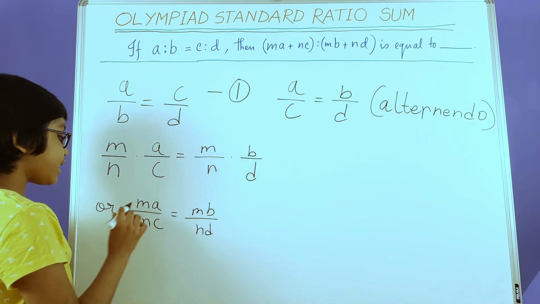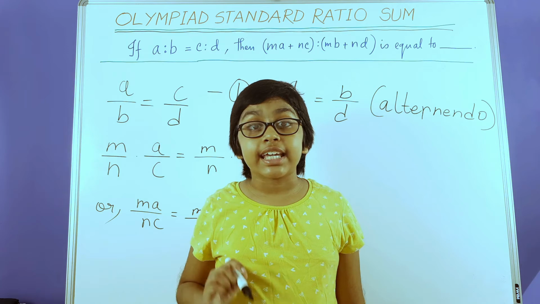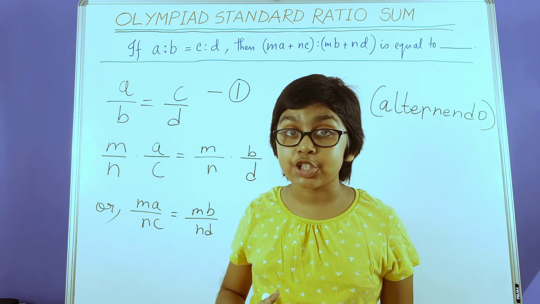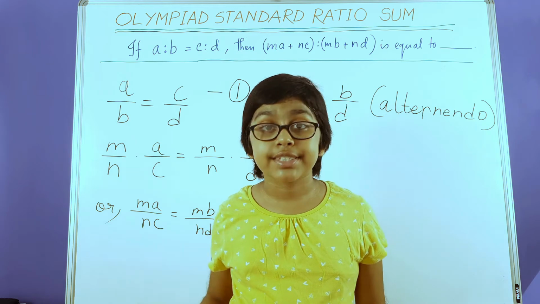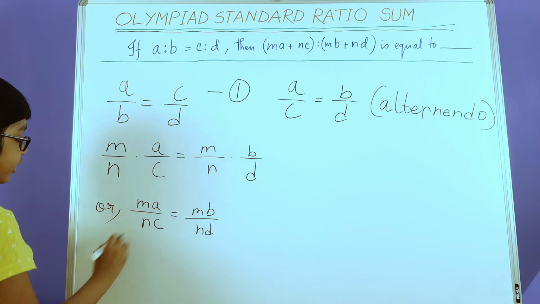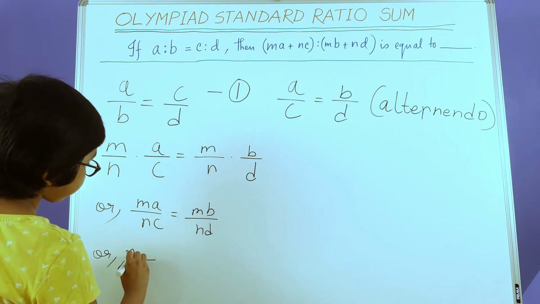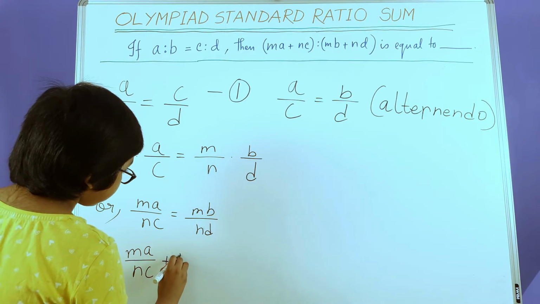Now, how to bring this form into this form, we need to do another trick, that is to add 1 to these two fractions. Whatever we do on the LHS happens on the RHS. Remember this. Here on the LHS, we are going to add 1.